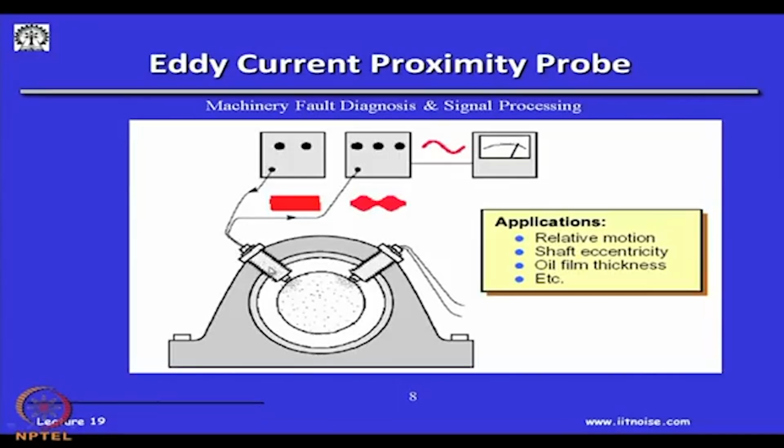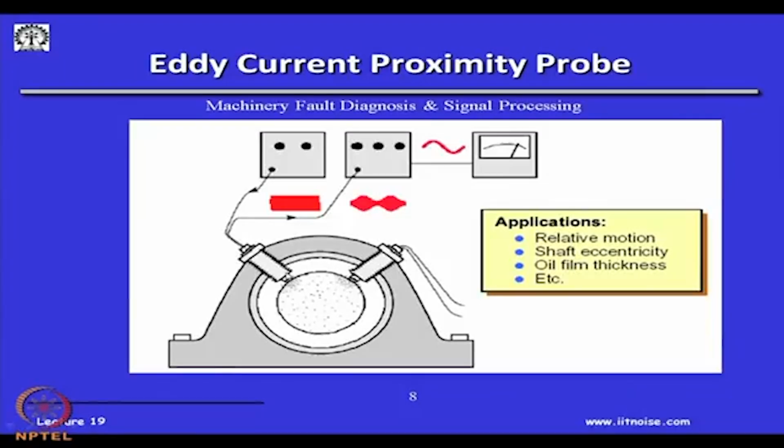There is a coil here, and because of this high frequency wave close to the iron shaft, eddy currents are going to get generated in this gap. And so, the secondary voltage which is sensed by this proximity probe will be a function of this eddy current, and this eddy current is a function of the gap.